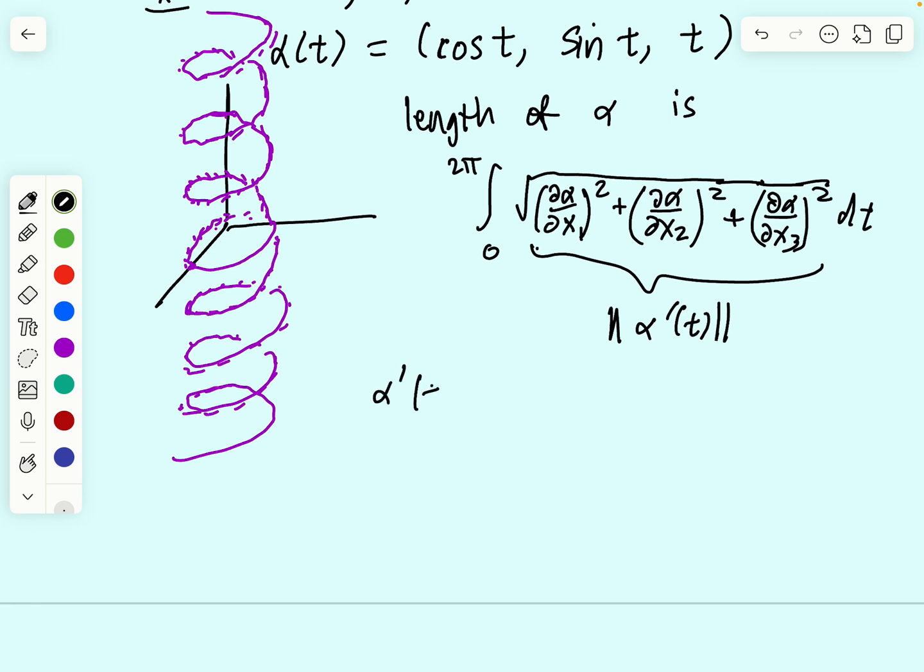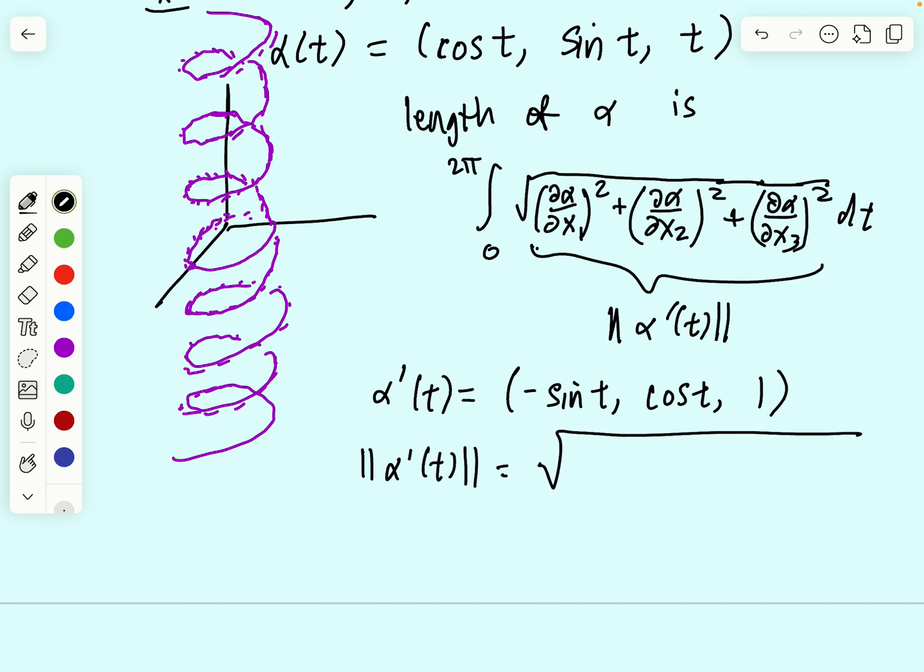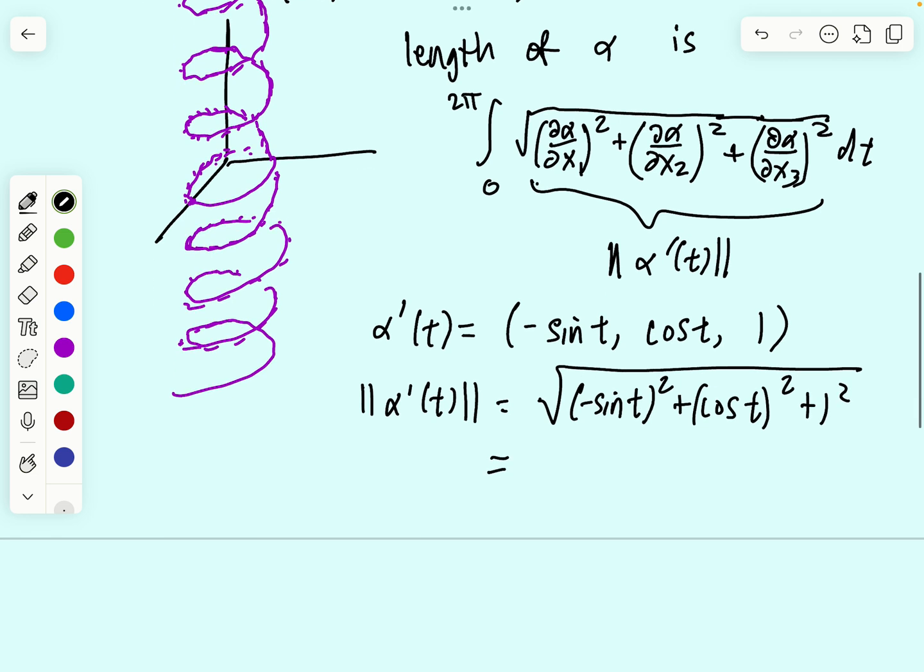So let's find alpha prime of t. You're going to get negative sine t, cosine t, 1. Now we need to find the length of this. That's the square root of negative sine t squared plus cosine t squared plus 1 squared, which is the square root of 1 plus 1, so you get the square root of 2.